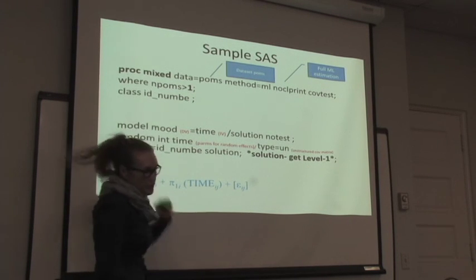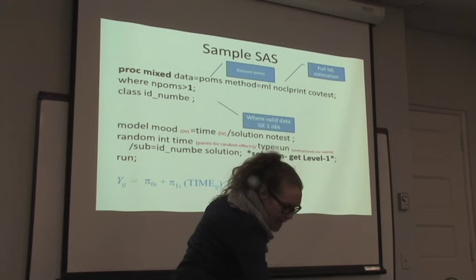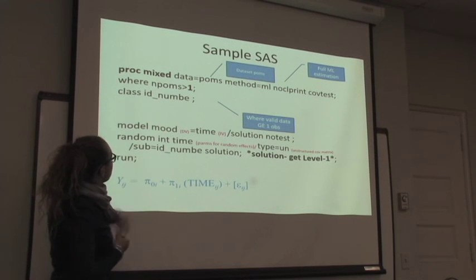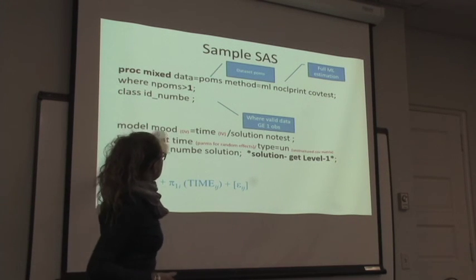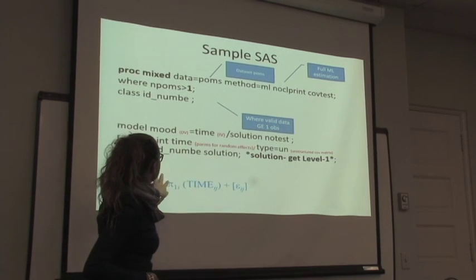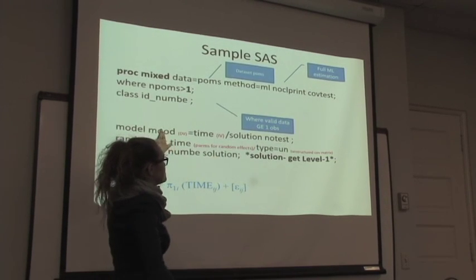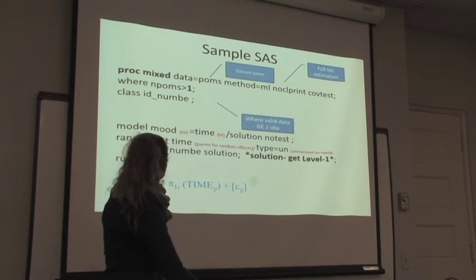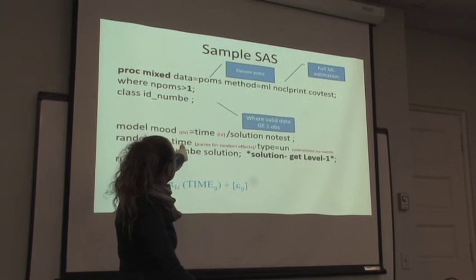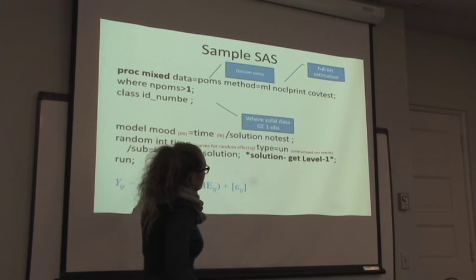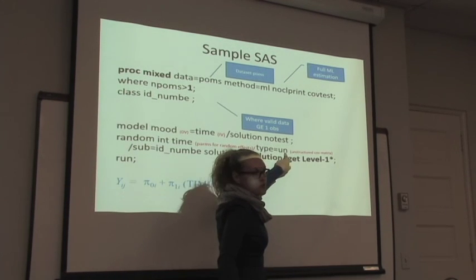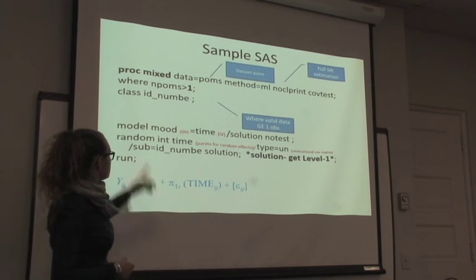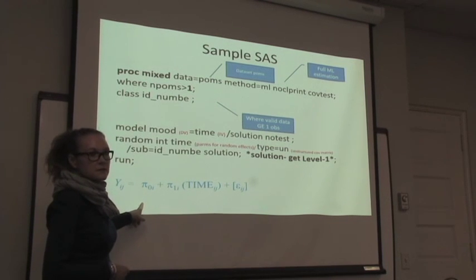Chris put in a requirement for people with greater than one observation, and then the class's ID. Here's an annotated version of the model statement: model the outcome, which is mood, due to time. On the random statement, we have both intercept and time, with type unstructured, subject ID, run. So this is giving us this. Okay?